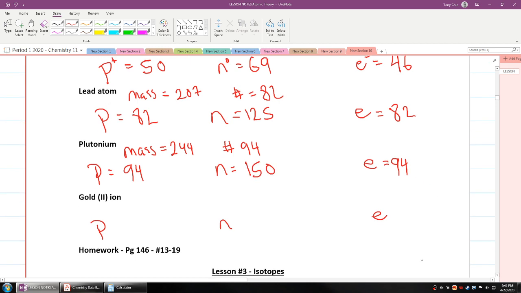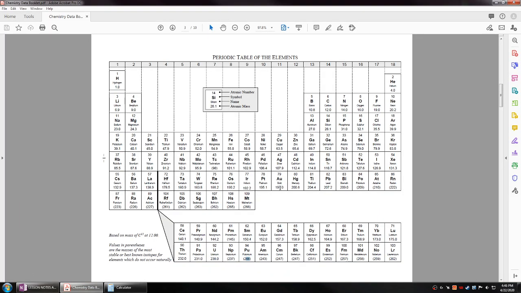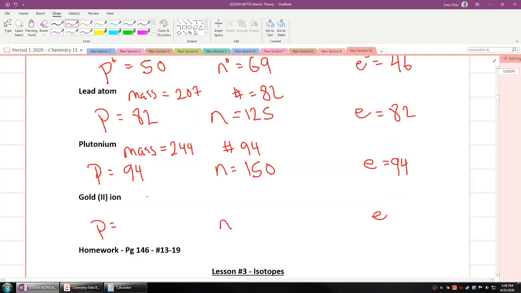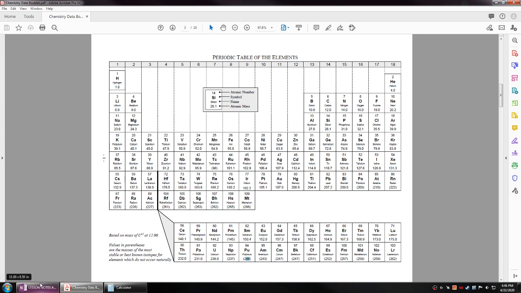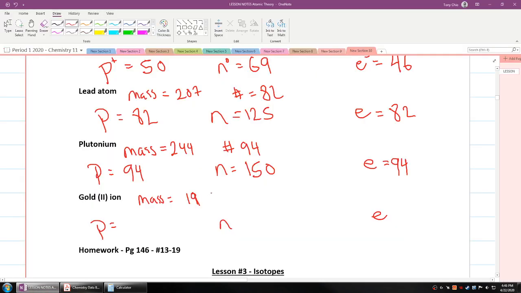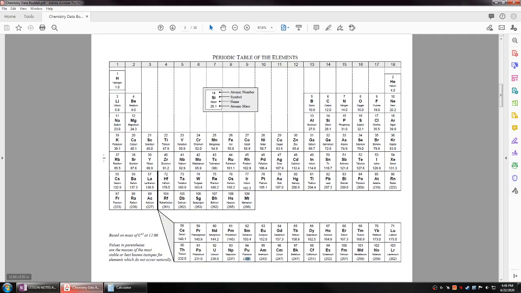The last one we're going to talk about is gold. Gold has a mass of 197 and an atomic number of 79.